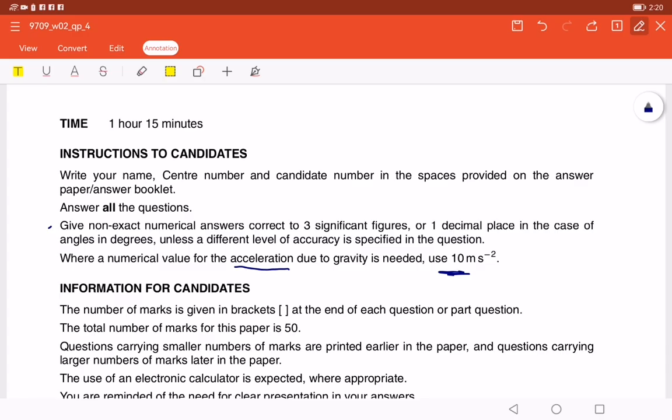Any angle in degrees must be written to 1 decimal place. Any answer in decimal form must be written correct to 3 significant figures.